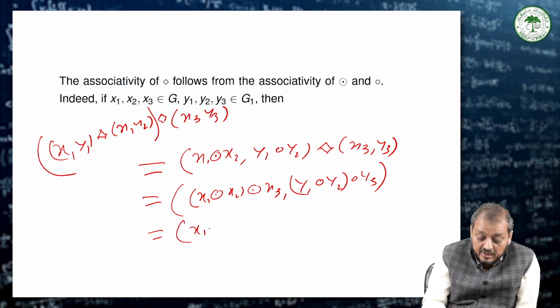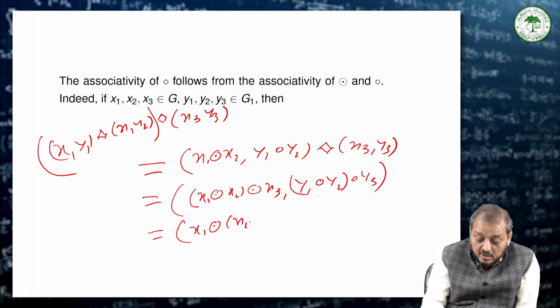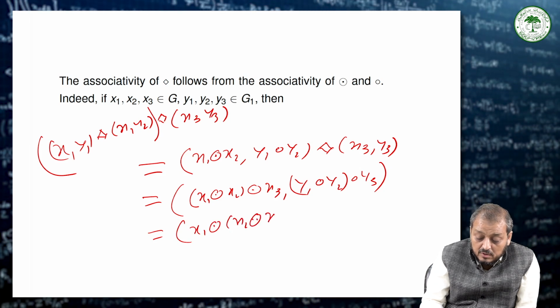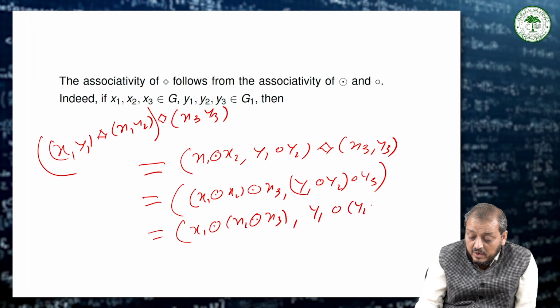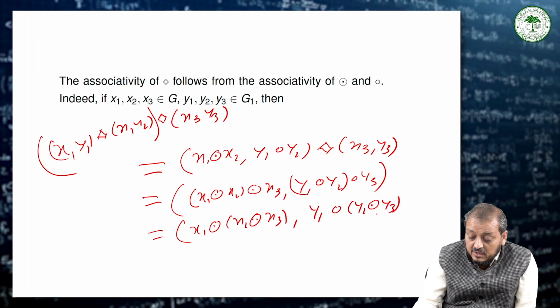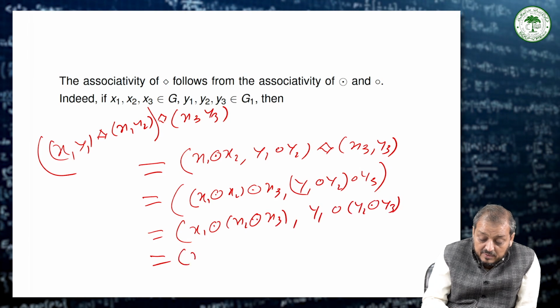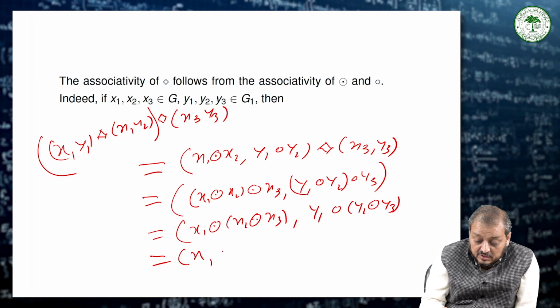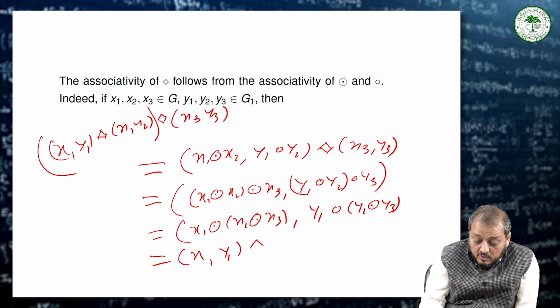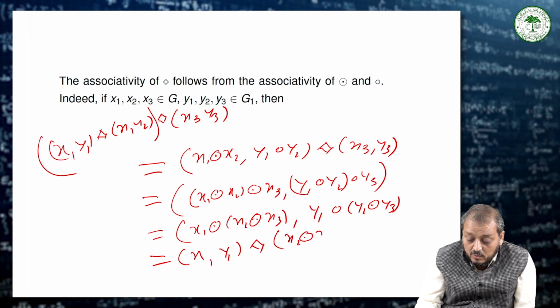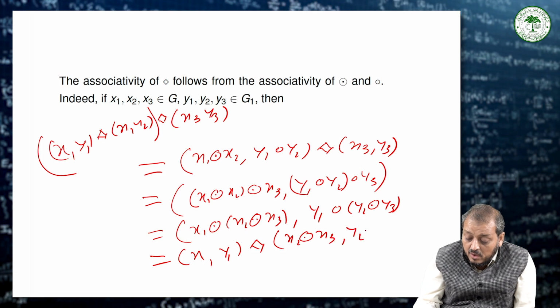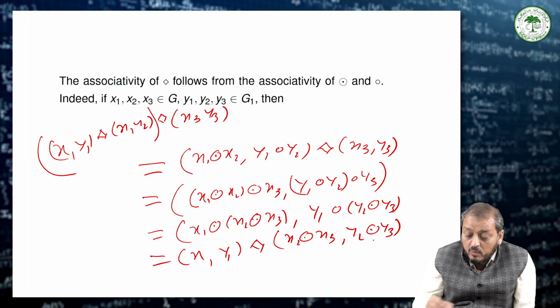This can be written as x1 dot of x2 dot x3, and y1 circle of y2 circle y3, and this can be written as, again by the definition, x1 y1, and the diamond of x2 dot x3, and y2 dot y3.